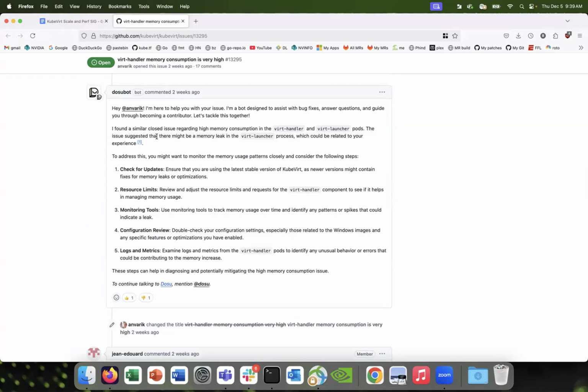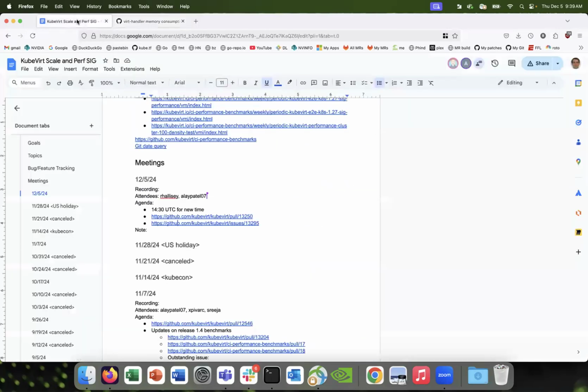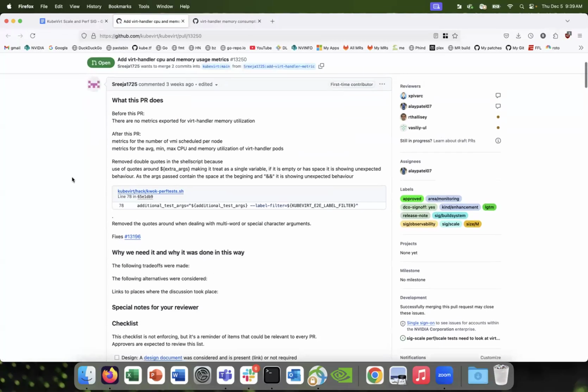Sorry, may I ask one more question on the previous topic? I see that we divide a metric by the number of VMIs there, right? Is that what we want to do? Yes, the idea is to get the resource utilization per VMI, because depending on what the scheduler decides, the number of VMIs a virt-handler processes will differ from the overall count in the test.